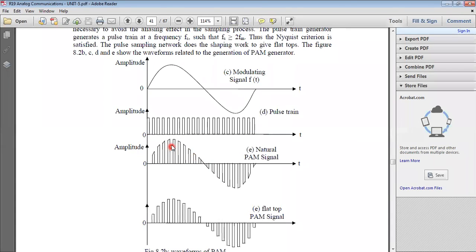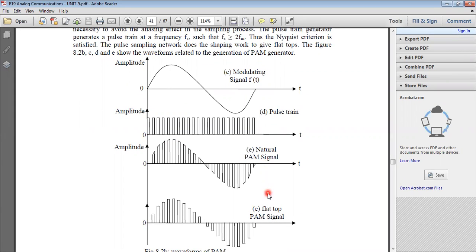If you observe each pulse shape, it must have some slope. Those sloped pulses are called a natural PAM signal.